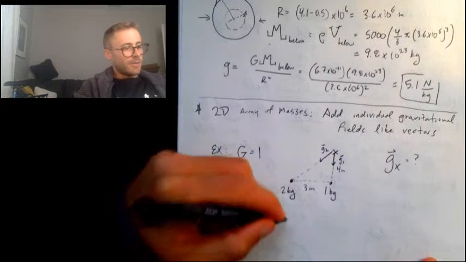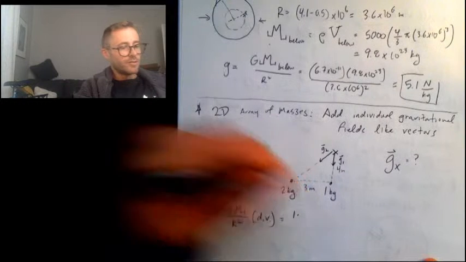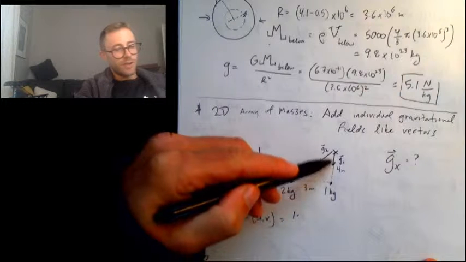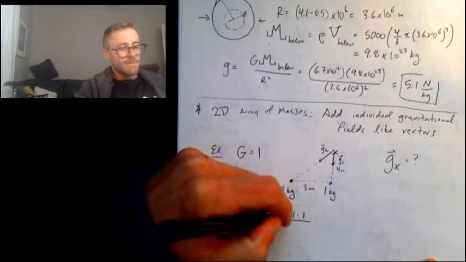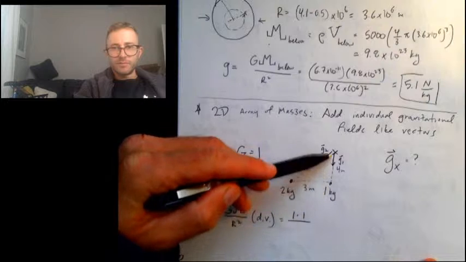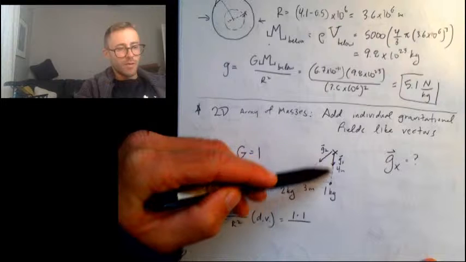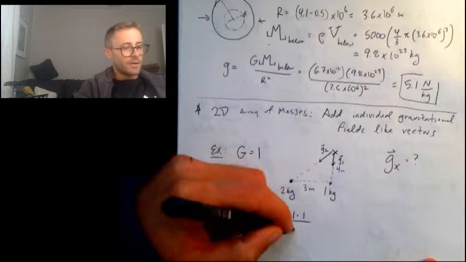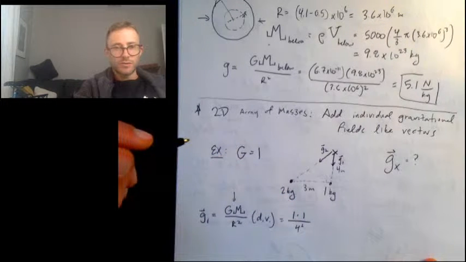Now, we're in a universe where big G equals 1, so I have 1 times M, the mass of the thing creating the gravitational field. So this gravitational field is created by a 1 kilogram mass divided by the distance squared. So the x is 4 meters away from the 1 kilogram mass, so divided by 4 squared, which is of course 16.